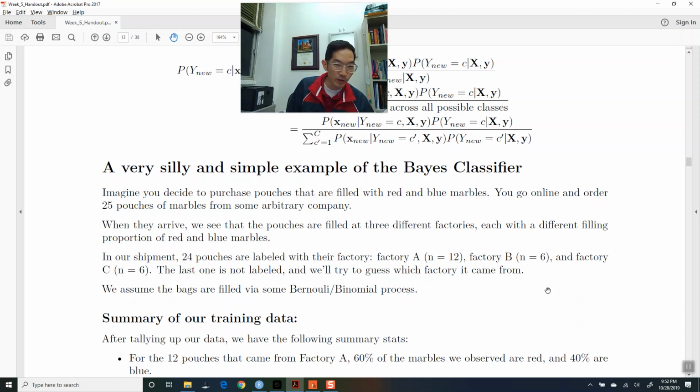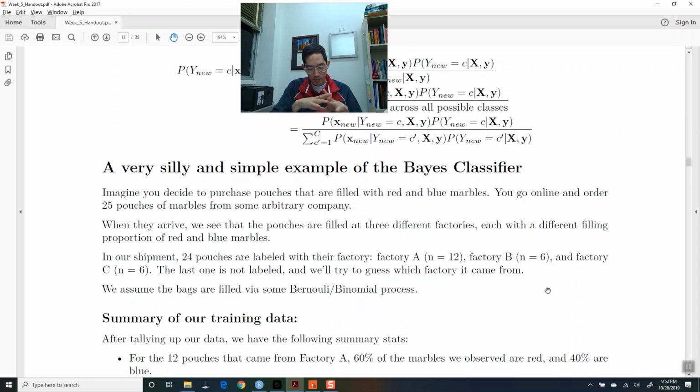You order 25 bags of marbles. And when they arrive, we can see that the bags are filled at 3 different factories, okay? And each of the factories has different proportions of red and blue marbles. So maybe one factory does more reds and another factory does more blues, and who knows, okay?